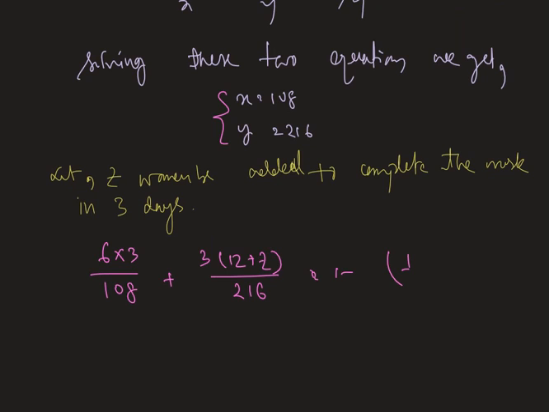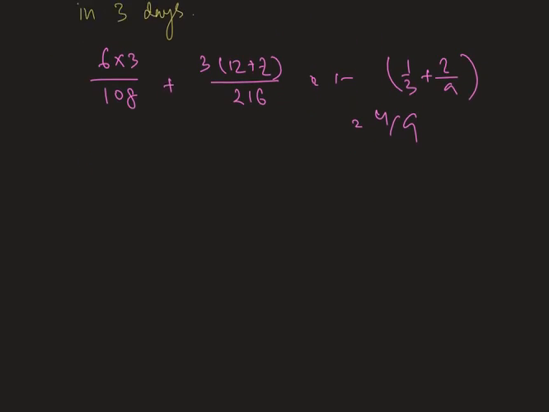That means we have already done 1/3 and 2/9 of work, hence the remaining work is 4/9 of the total work.